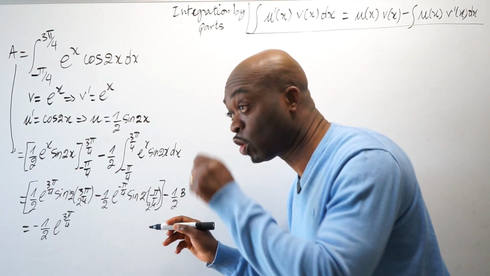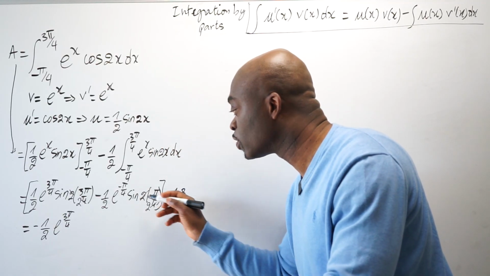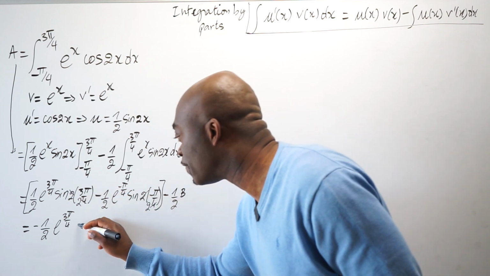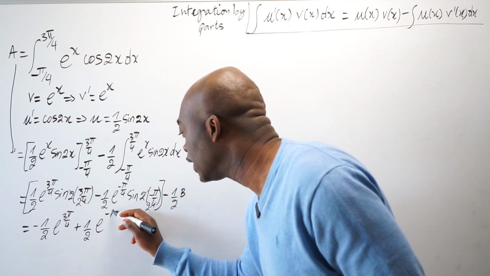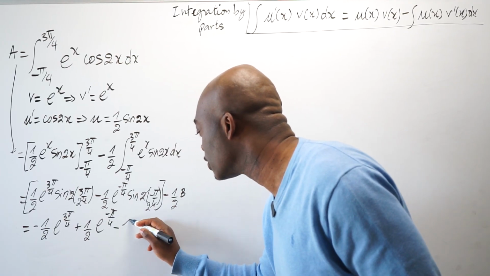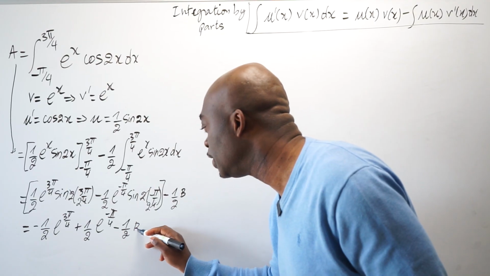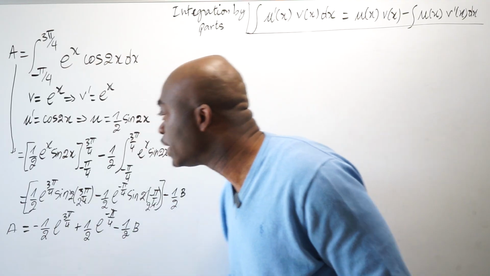Sine of negative pi over 2 is negative 1. Negative times negative gives us positive 1 over 2 exponential negative pi over 4. Then we have minus 1 over 2 B. Are you good so far? So that's what A is giving us. This one is A.